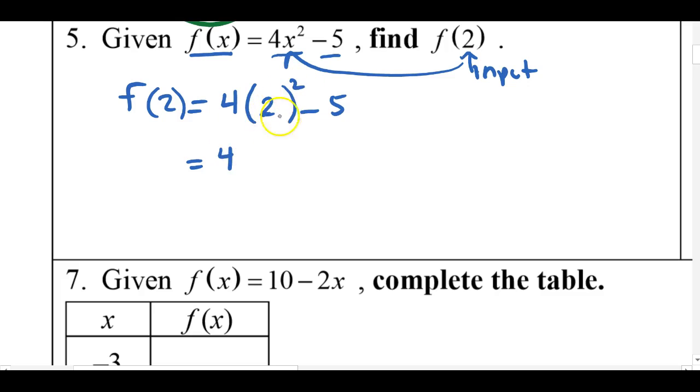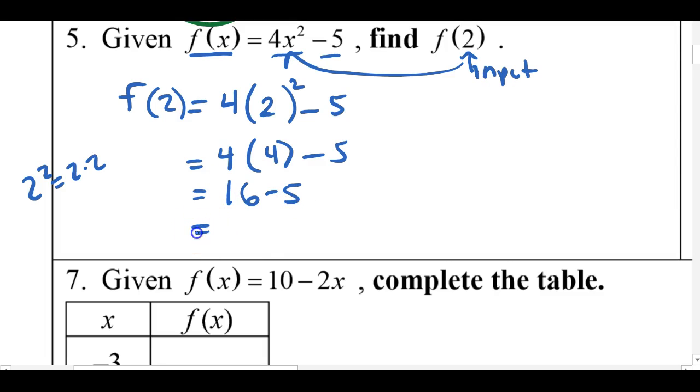Okay, now the first thing we do, to go in order, is we do the exponents. So we do 2 squared, which is 4. So remember, 2 squared is equal to 2 times 2. Okay, now we have multiply and minus, or subtract, dot and knockus, but we do dot first. So 4 times 4.